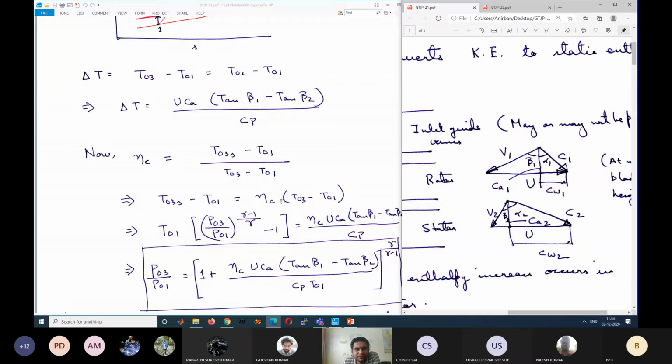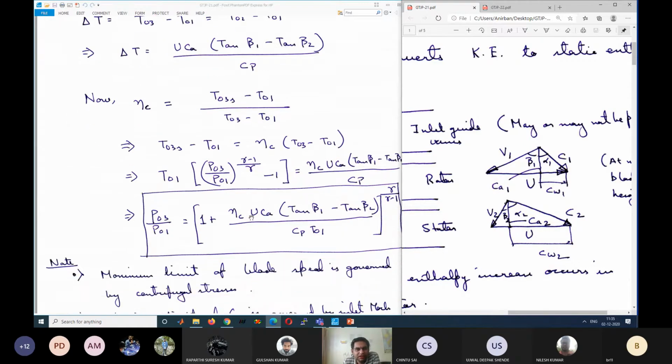On the right hand side, you replace T03 minus T01 with U Ca (tan beta 1 minus tan beta 2) by Cp, and eta C is already there. Now replace T03S by T01 with the pressure ratio using the isentropic relation: T03S by T01 is equal to (P03 by P01) to the power (gamma minus 1) by gamma.